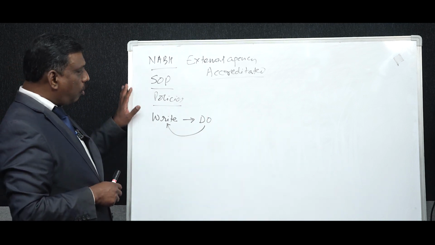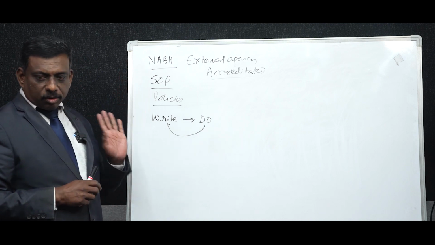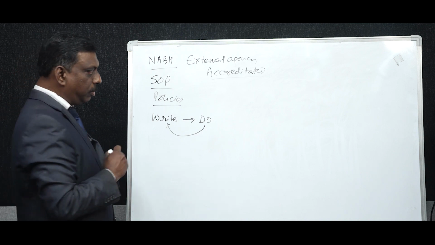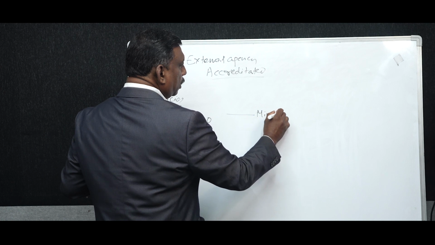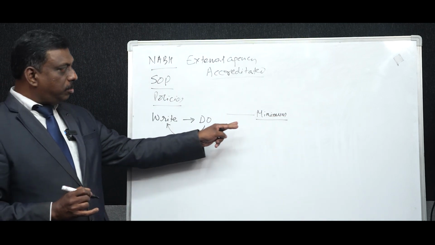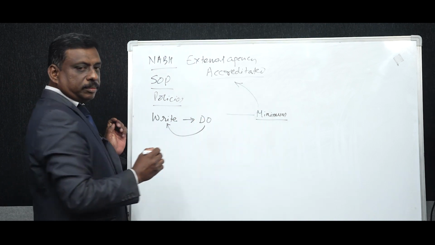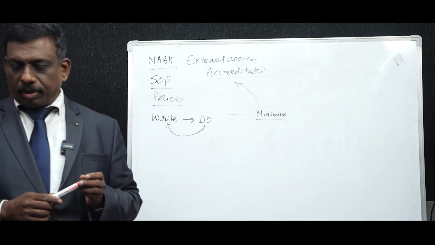What is written in the NABH chapters is the minimum that any hospital should have. It's the minimum standard that any hospital should have, and once you achieve that minimum standard, you will get an NABH certificate. Right? Now, what is Six Sigma?